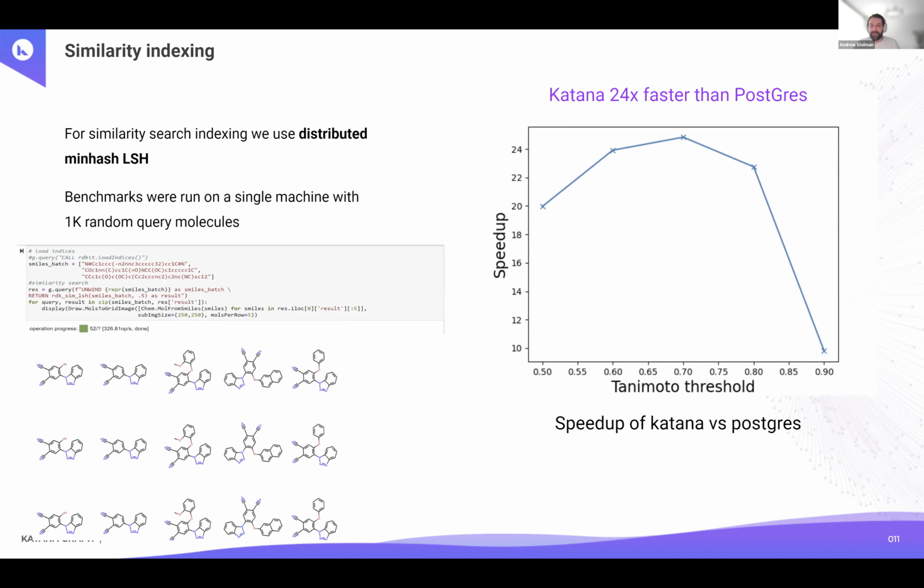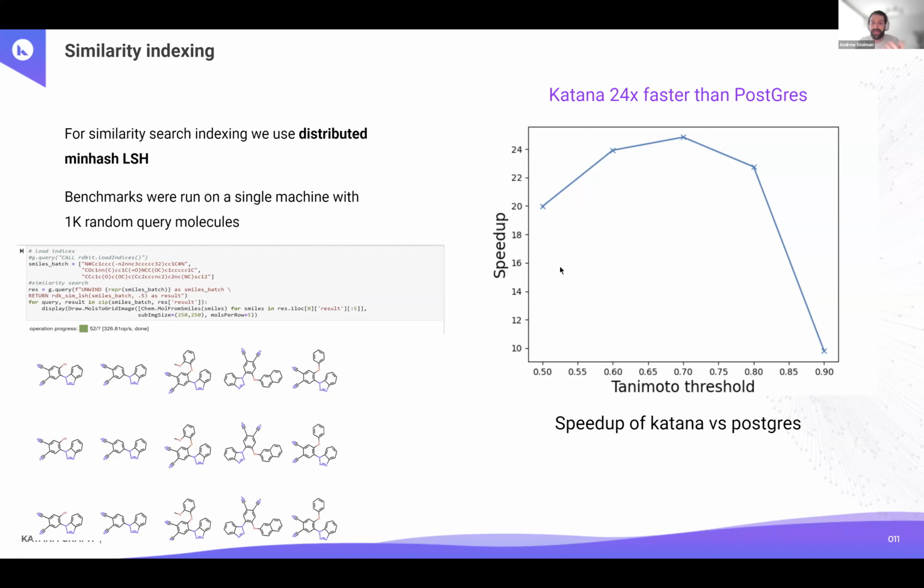It seems to work reasonably well in this domain. It distributes nicely, which we care about a lot, and it parallelizes nicely. We can throw a lot of threads at the problem. This example on the lower left is just what the code looks like to do it on a batch. Here we looked up similarity for three molecules and printed out the first five results we got for the three query molecules.